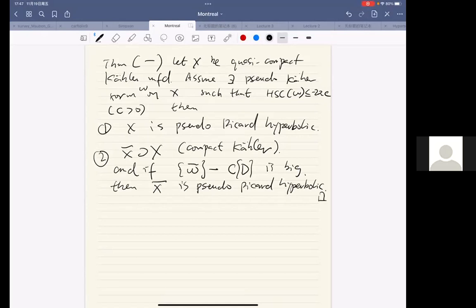Let me explain the notion. Here D is the boundary divisor of X bar minus X.